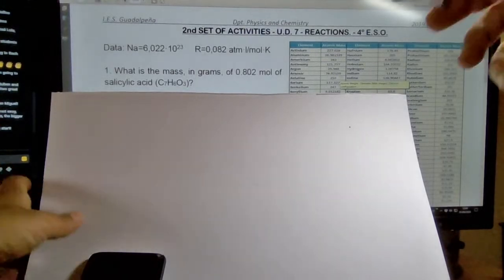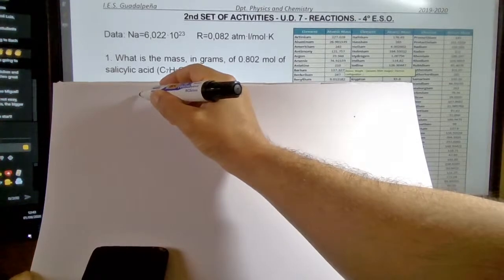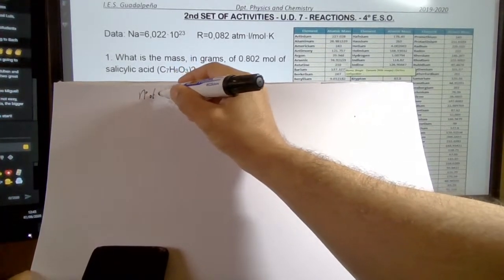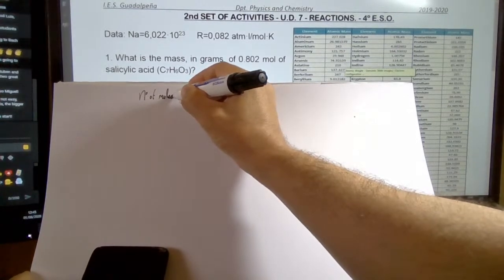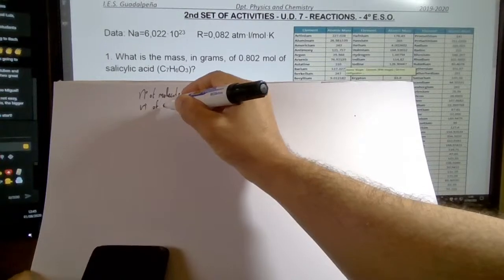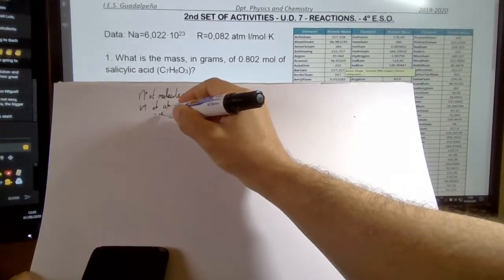Remember the beginning of the lesson: conversion from number of molecules, number of atoms, whatever, okay, number.